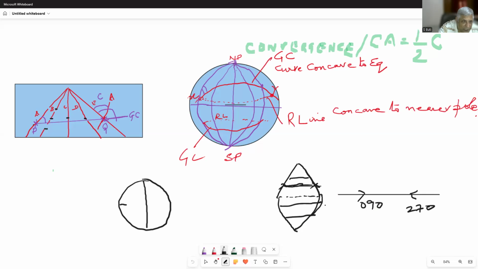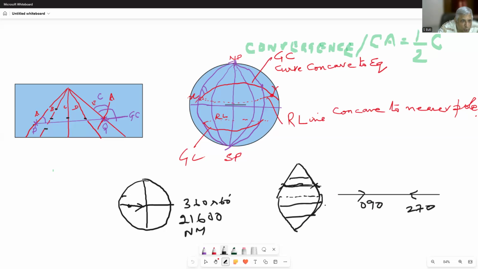If I fly at equator in the direction of 090 or 270, let's take 090 for the time being, I will cover the entire Earth and come back to the same point. After covering 360 degrees into 60 minutes for each, dlong in minutes I will cover is 21,600 minutes of dlong, and that will also be your distance in nautical miles.